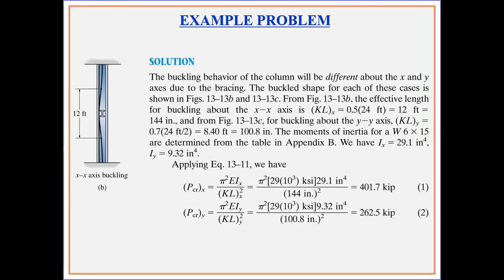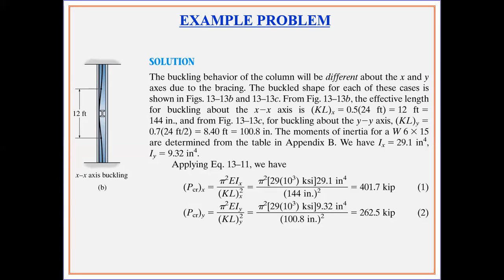The moment of inertia for W6 cross 15 are determined from the table in Appendix B. We have Ix equal to 29.1 inch to the power 4 and Iy equal to 9.32 inch to the power 4. These I values are taken from the AISC LRFD manual, so obviously we don't need to find them again.